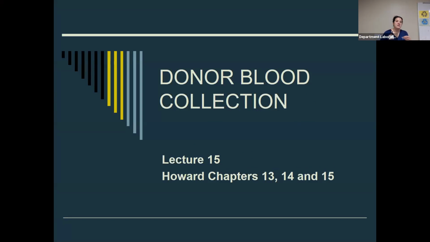So in the old days, you could donate a unit of blood. It was whole blood. That was your red cells, your platelets, your white cells, and your plasma. And then that whole unit would be transfused. Now we break that whole blood up into separate components depending on what your patient requires.